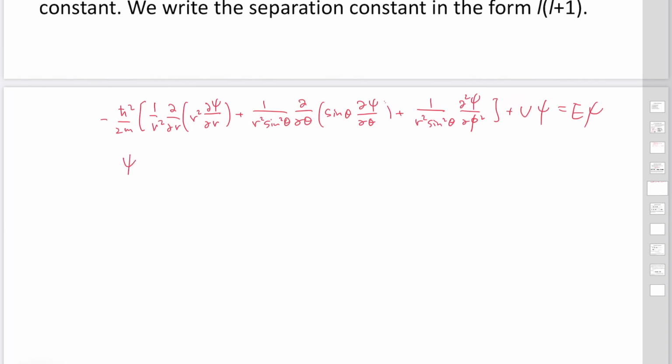Then you can substitute psi, where capital R is a function of r and Y is a function of theta and phi.